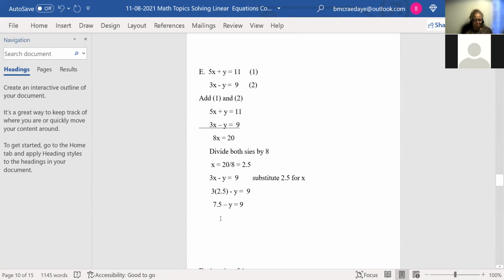You subtract. Subtract is right, but what do I subtract? 7.5 from both sides, right? Remember, to keep the equation in balance, you have to do the same to the right as you do on the left. So you get y equals 9 minus 7.5.